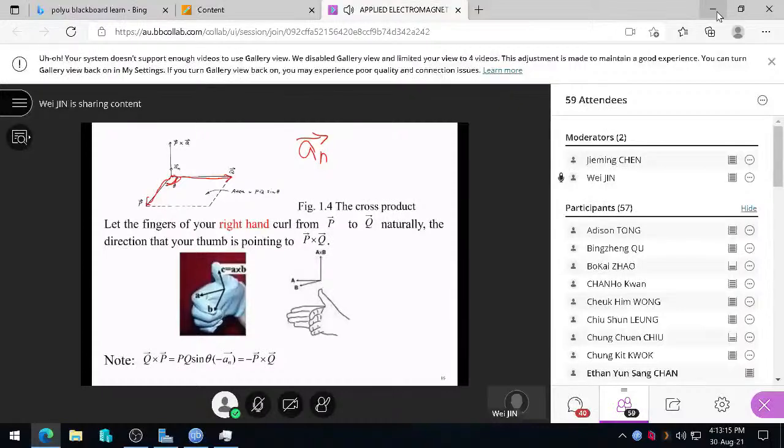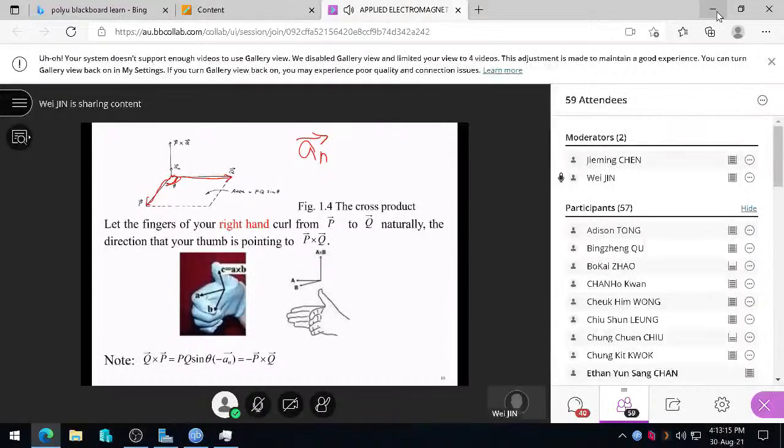So the meaning of the cross product is that its magnitude equals the area determined by these two vectors. Now you see there are clear physical meanings. One is projection, the other is the parallelogram area formed by these two vectors.